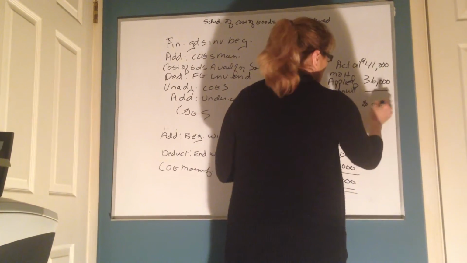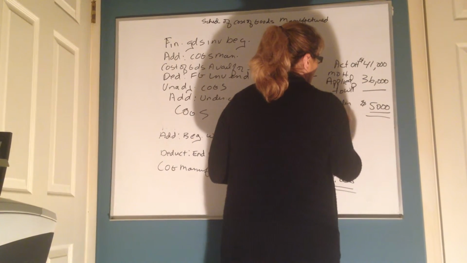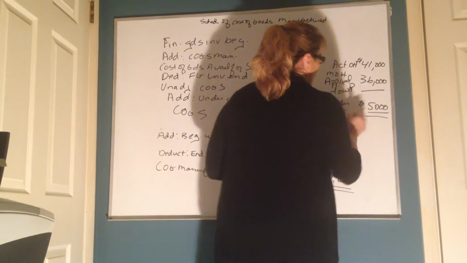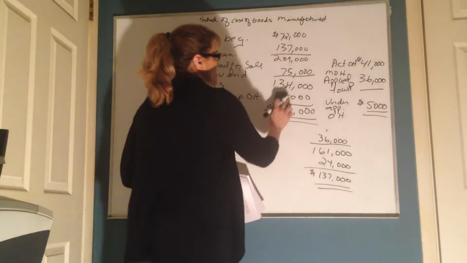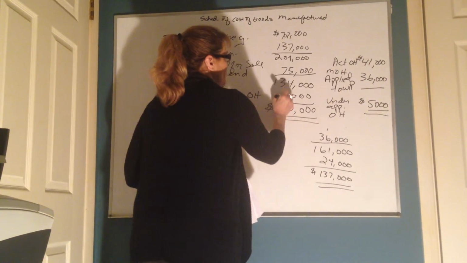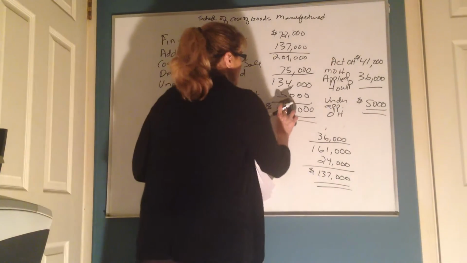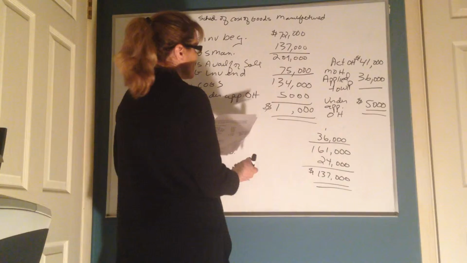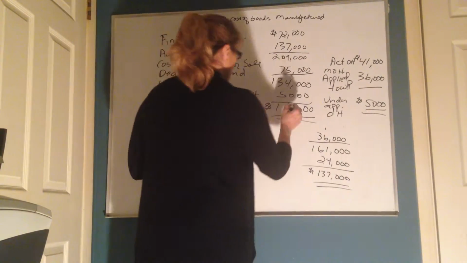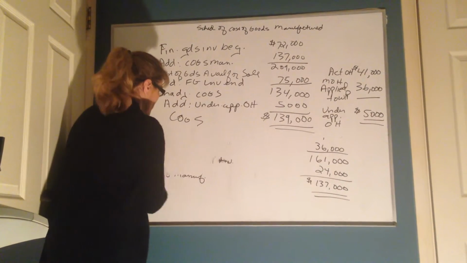So that tells us we have under applied overhead of 5,000. So I'm just going to go ahead and change this. So in number 8, our underapplied overhead is $5,000, so our cost of goods sold is $139,000. Okay, so we have a slightly different cost of goods sold.